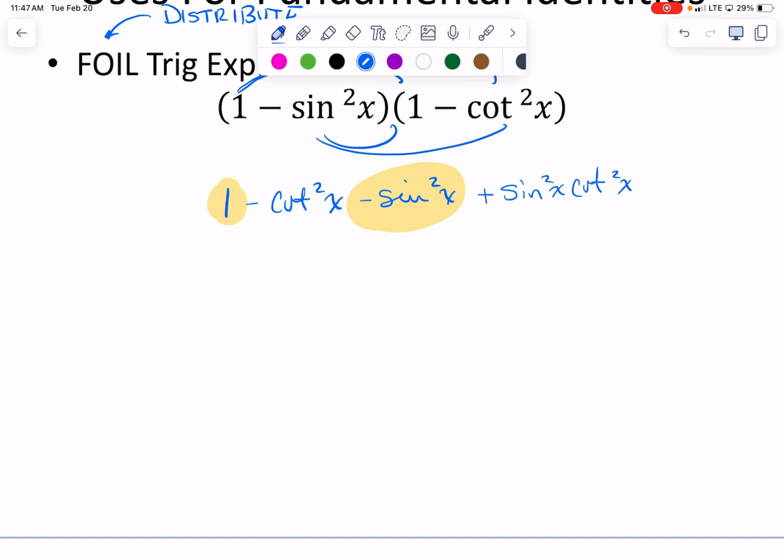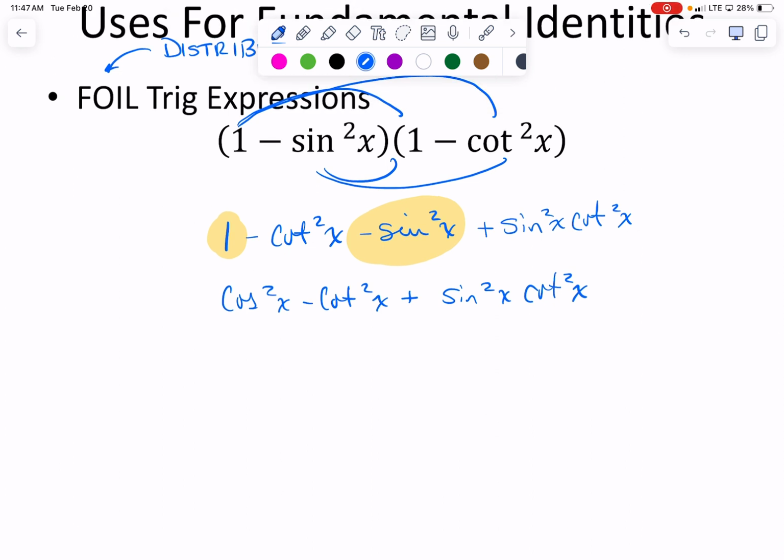Cosine squared. Okay. So I'm going to have cosine squared x, right, minus cotangent squared x plus sine squared x cotangent squared x. Okay, so now we've got some stuff gone, right? Well, you can transform the cotangent into cosine x over sine x, right?